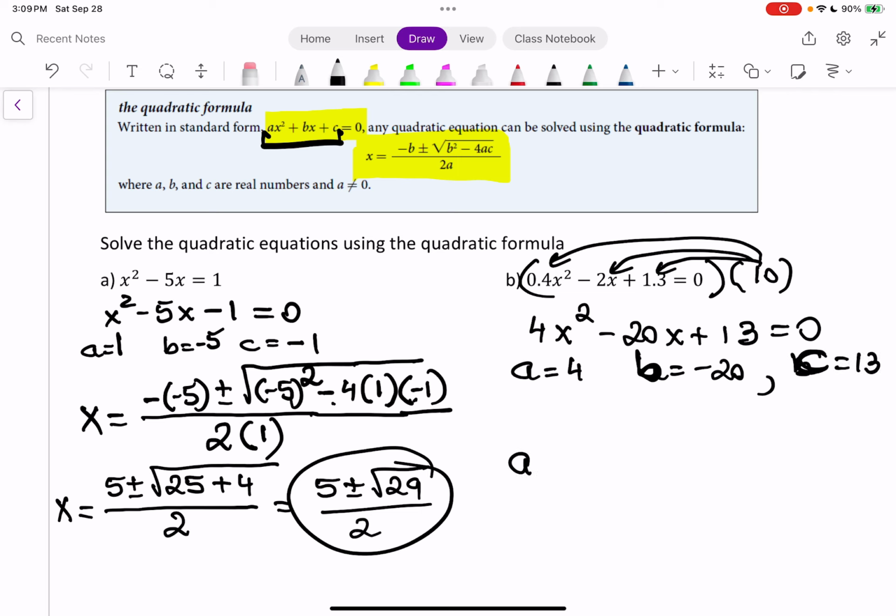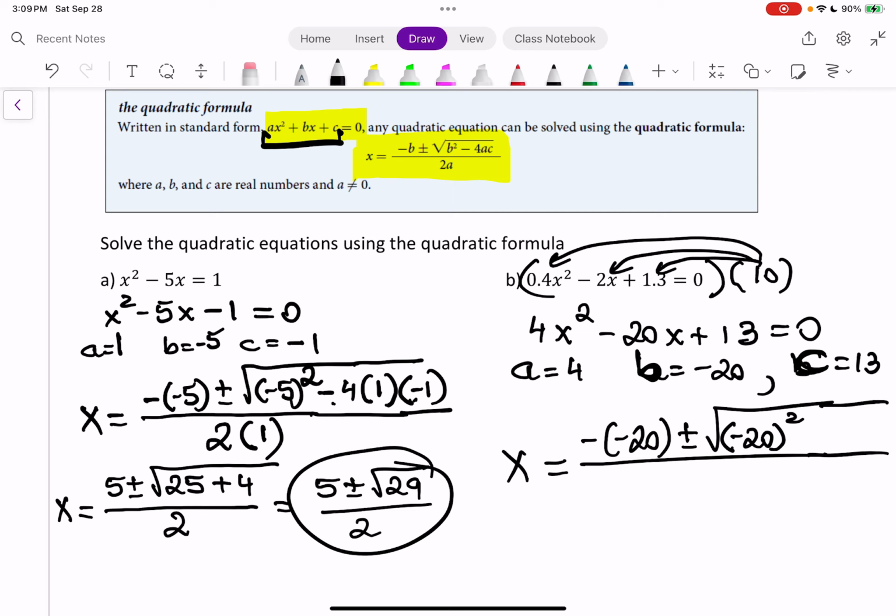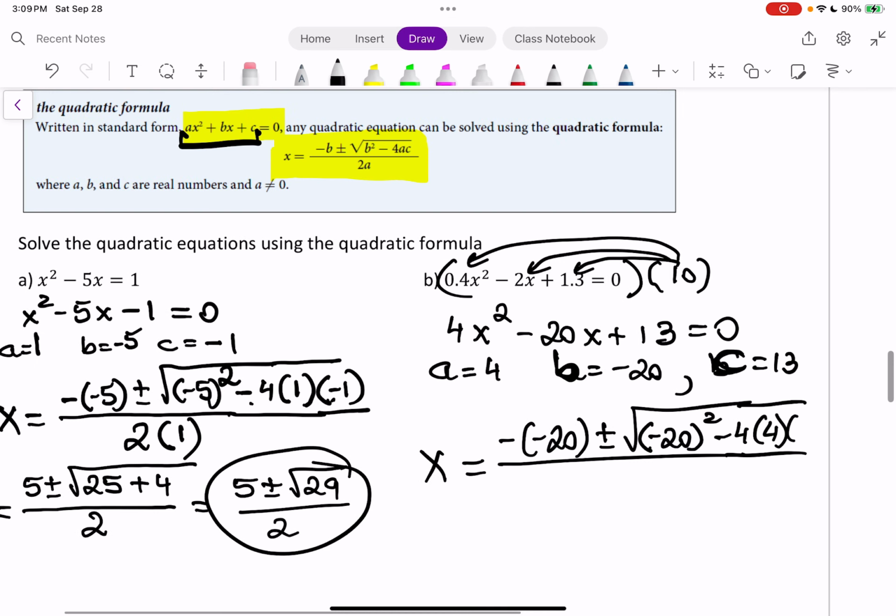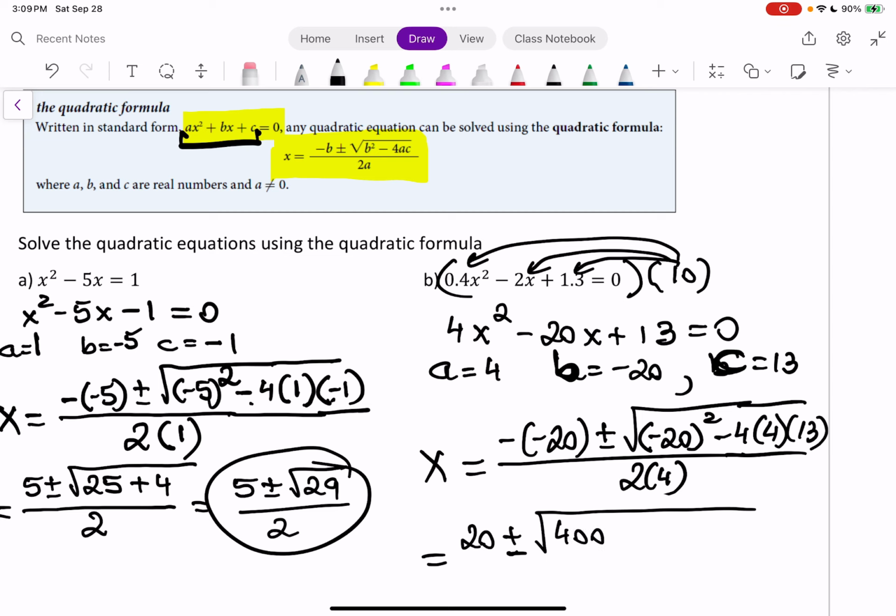Okay. So that's what x is going to equal according to the quadratic formula: negative b plus or minus the square root of b squared minus 4 times a times c, all over 2 times a. So that's 20 plus or minus the square root of 400, and this time it's a minus.